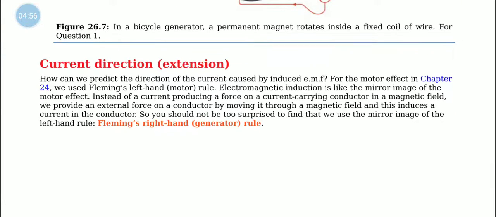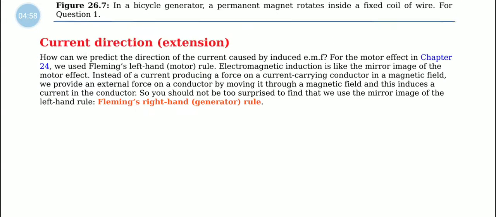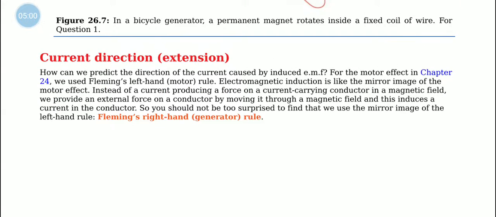As a result, the rule applied here is the mirror image of Fleming's left hand rule. Leave a line and write: in electromagnetic induction, we use Fleming's right hand generator rule to find the direction of the current.